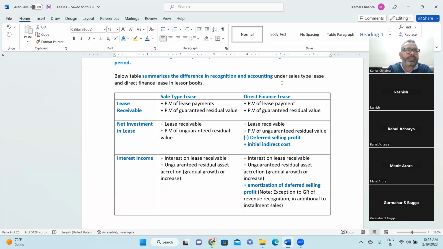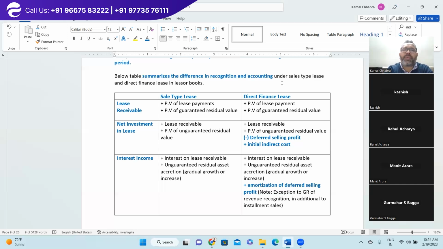For example, let's assume you have a present value of the lease payment of, let's say, $100,000, and you have a lease of, let's say, 5 years. After 5 years, you are expected to receive, let's assume, $20,000 as a guaranteed residual value, and the present value of the guaranteed residual value is, let's assume, $10,000, right?